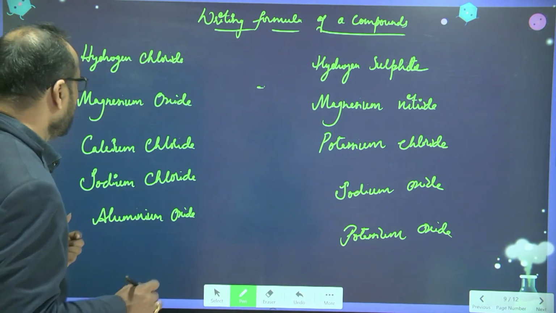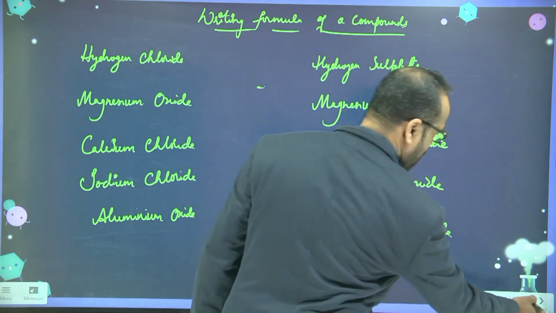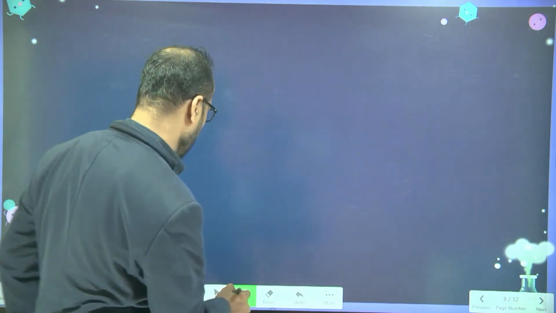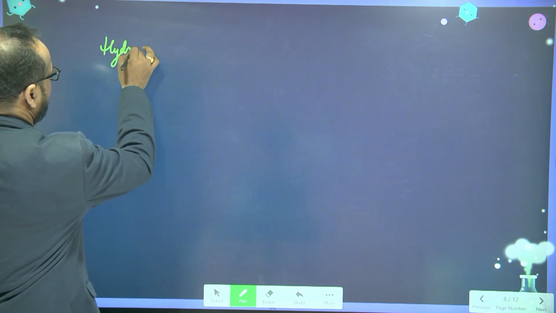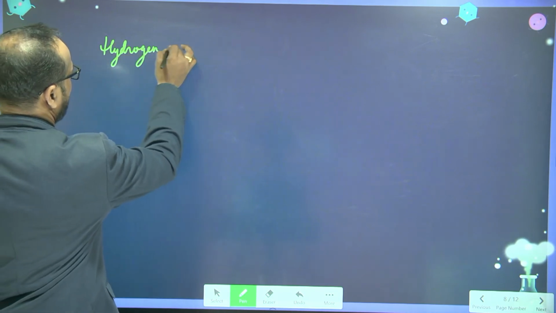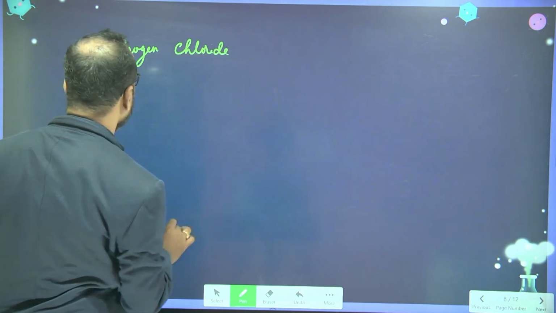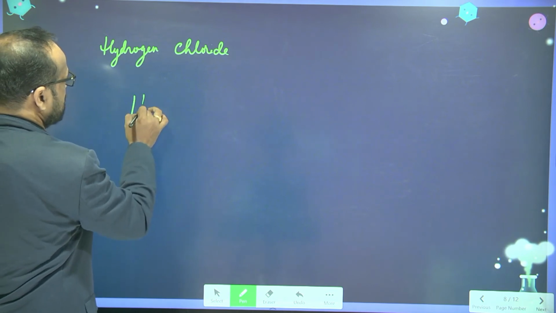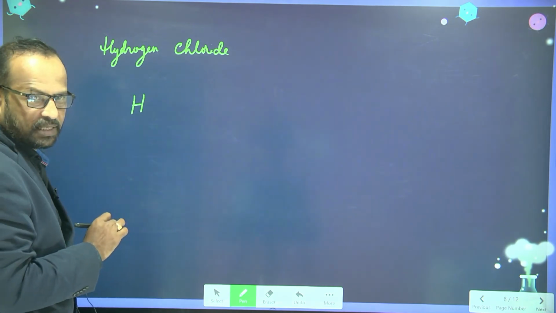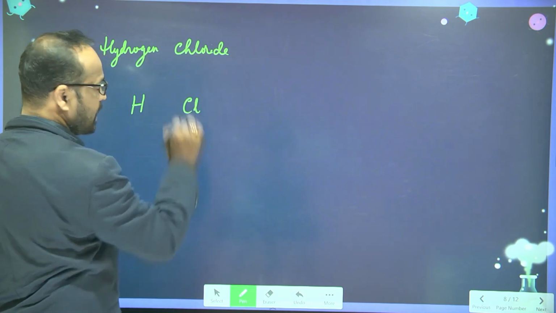So for example, I would like to write the formula of hydrogen chloride. See students, listen carefully. First you have to see the symbol of hydrogen. You know that the hydrogen symbol is H, and chloride means chlorine, whose symbol is Cl.